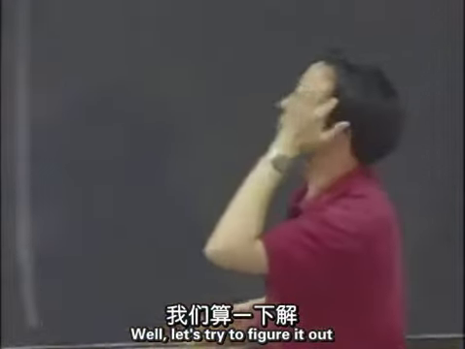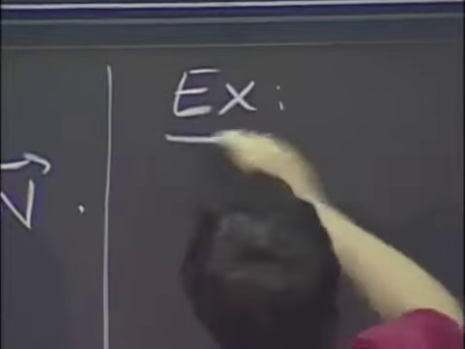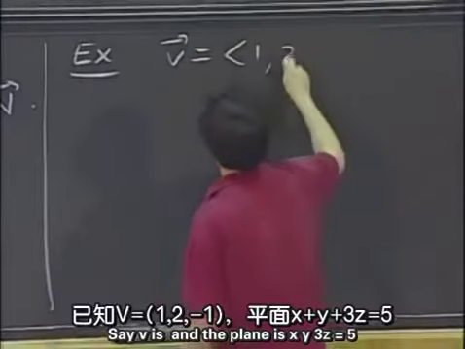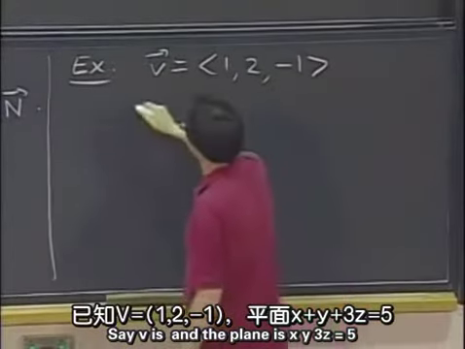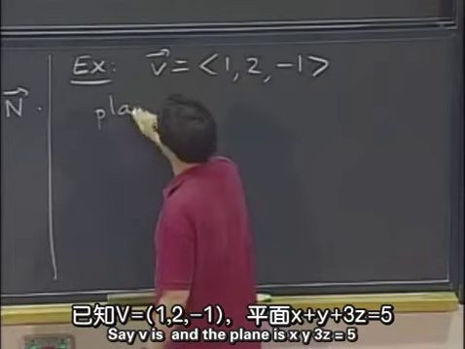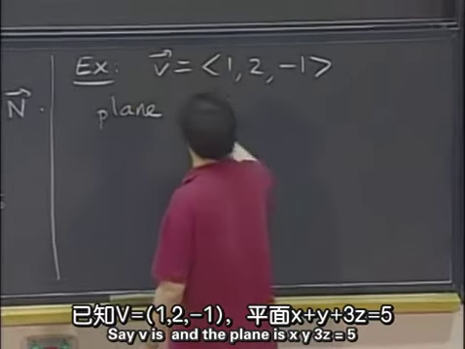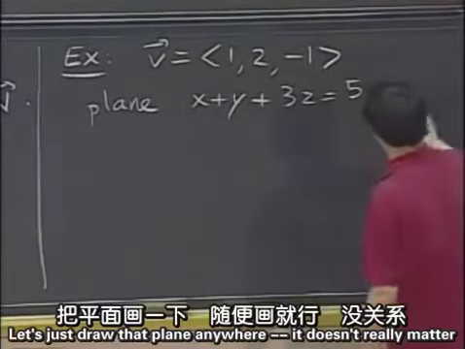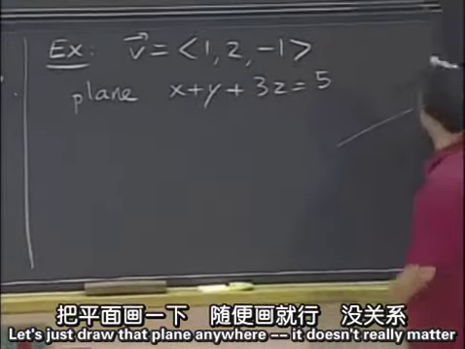Well, let's try to figure it out. Okay, so let's do the example. Say V is 1, 2, negative 1, and the plane is x plus y plus 3z equals 5. So let's just draw that plane anywhere.